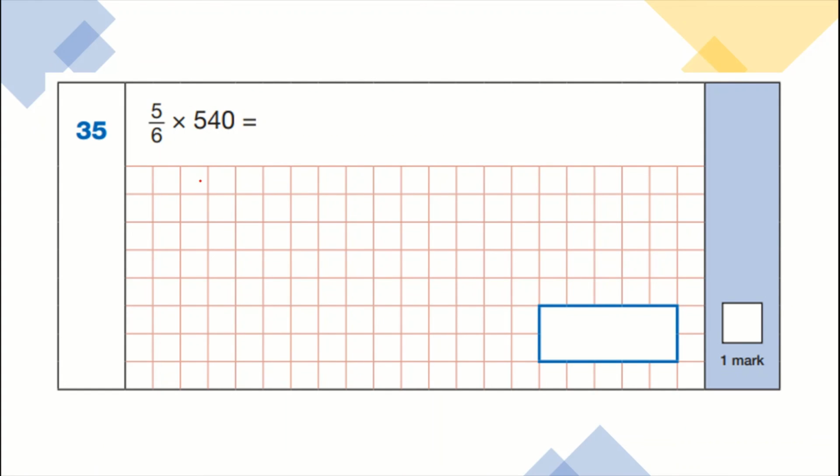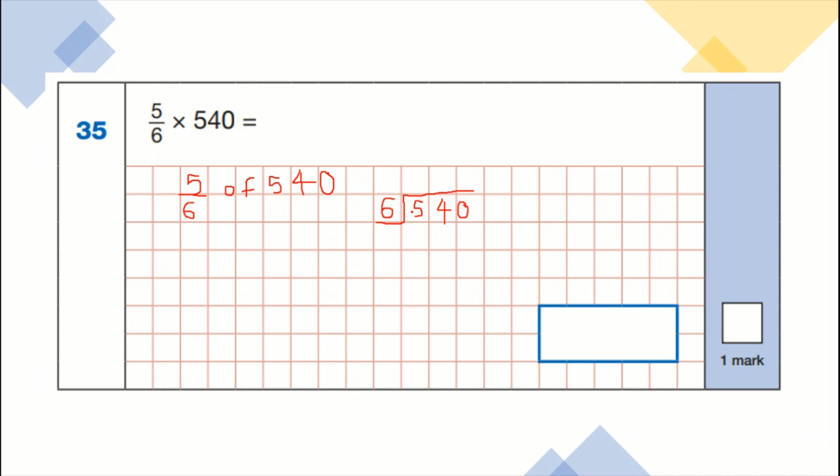So here we are asked to find out what 5/6 of 540 is. First of all, we have to find out what 1/6 is, and to work that out, we do 540 divided by 6.